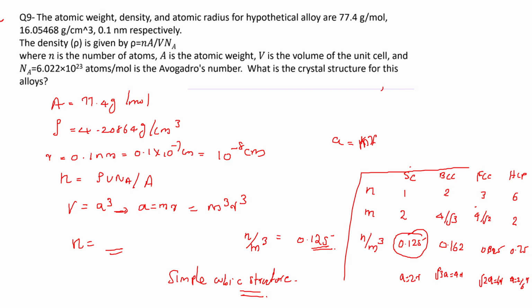You have already studied in the class, I think, the number of atoms in each crystal structure, and you know the relation between the radius and unit cell length, but they didn't ask it directly. They just asked it in a tricky way. So you should know how you can connect it.